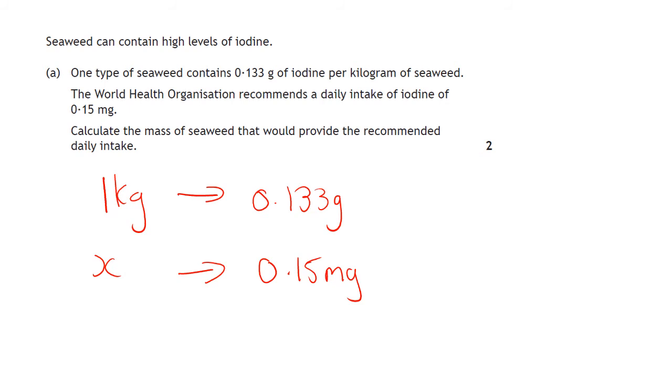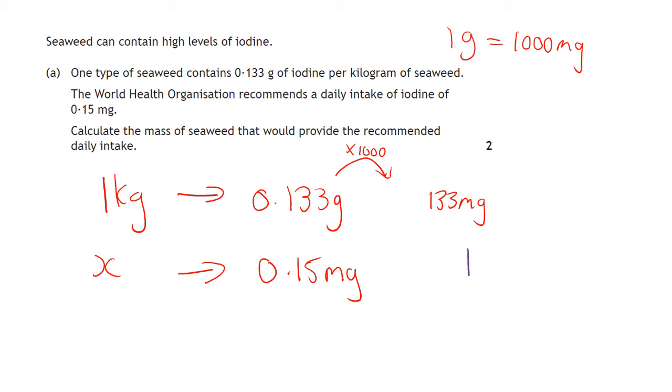Now, the problem we've got here is that this one's in grams and this one's in milligrams. So we need to know our relationships. So 1 gram is equal to 1,000 milligrams. So in order to turn this, if we multiply by 1,000, this gives us 133 milligrams.